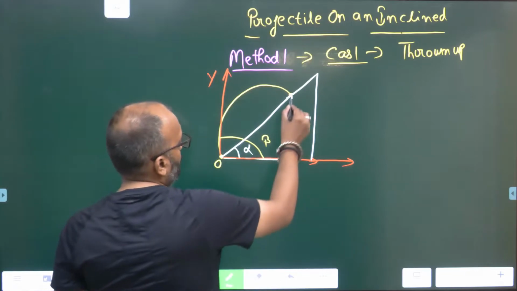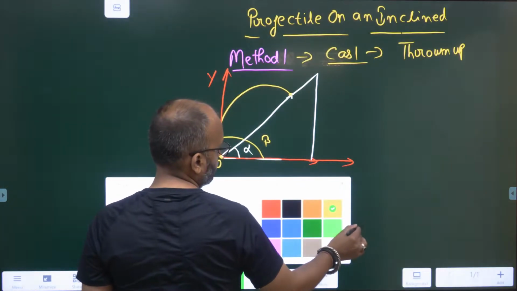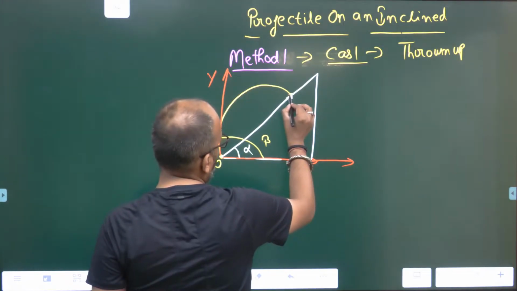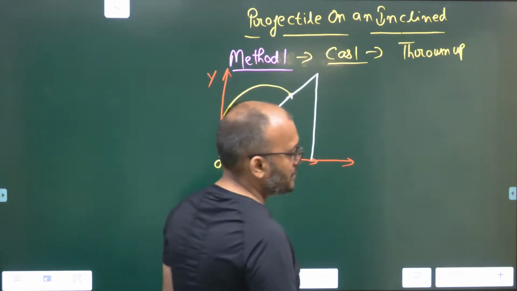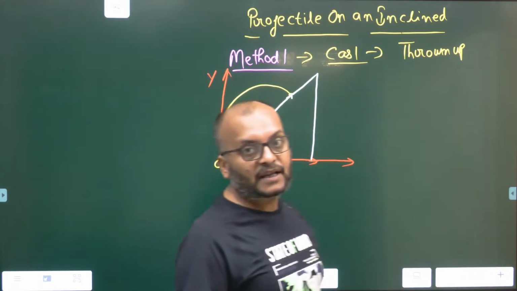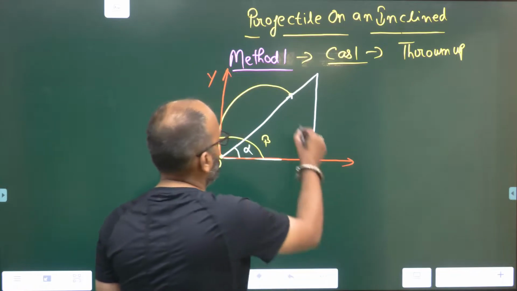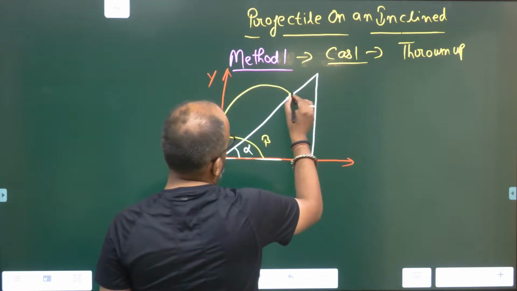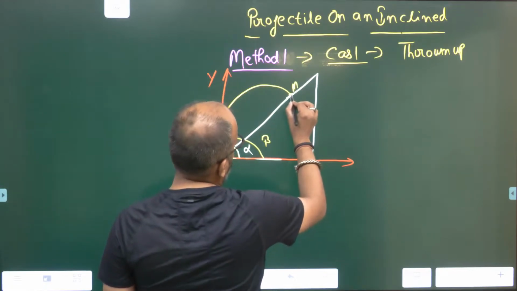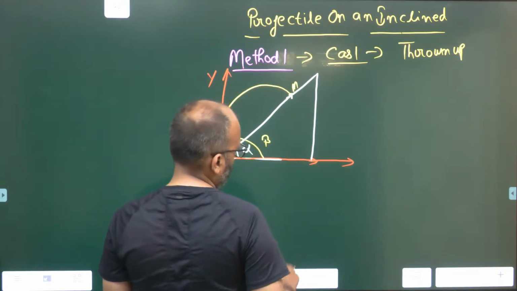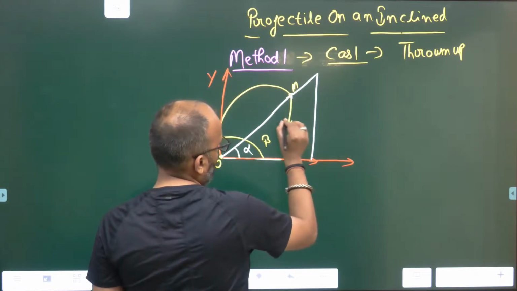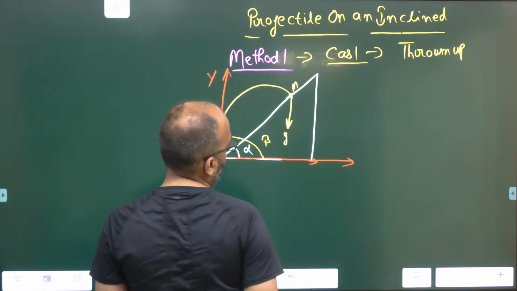Now, please see, body is at this point. Body has fallen at this point. So, if we want to calculate acceleration that is acting on the body at this point, let me call this point as M. So, at this point M, that's how acceleration due to gravity will act on the body.